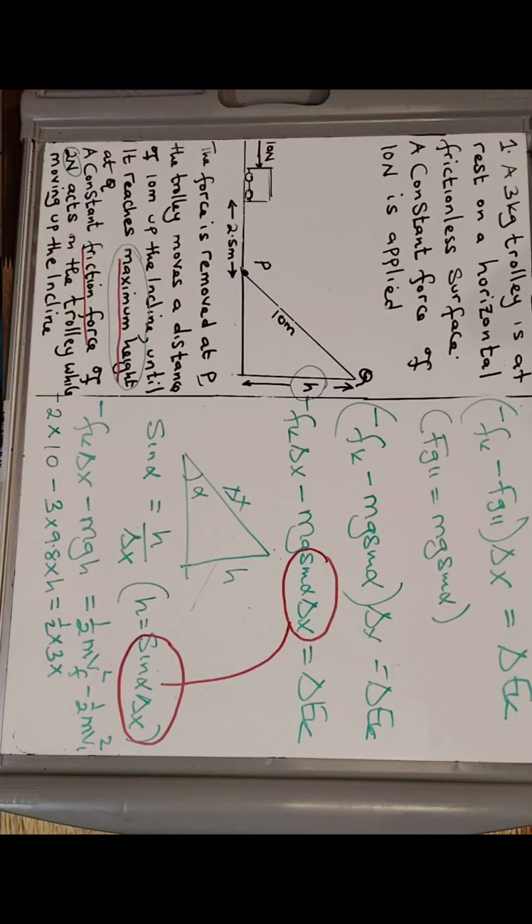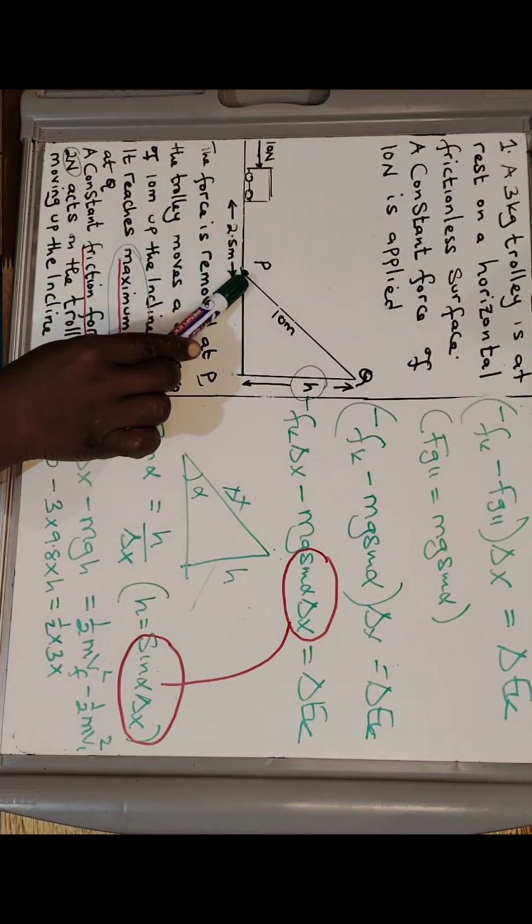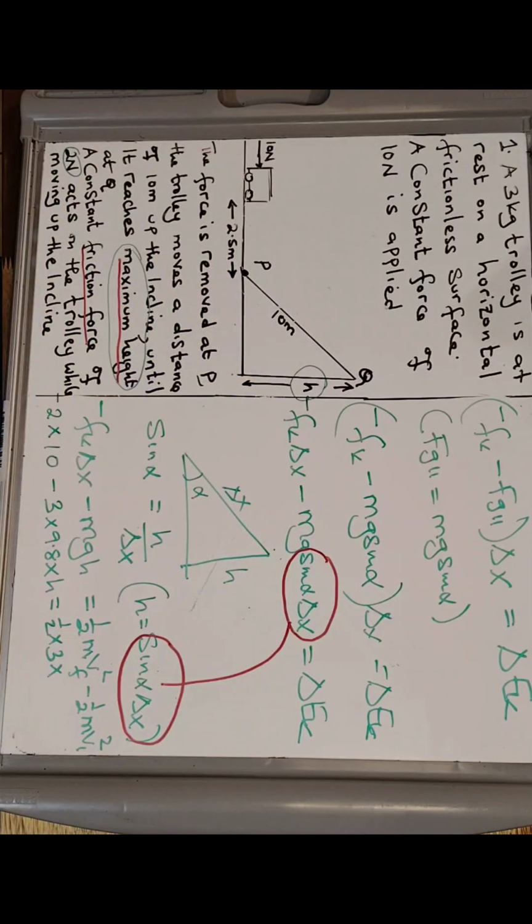So this is where your imagination has to come in. As the body was going up the incline, it was decelerating. So whenever they say maximum height, it means that the body stretched until its velocity became 0, and that is the maximum height, where it can't go further.